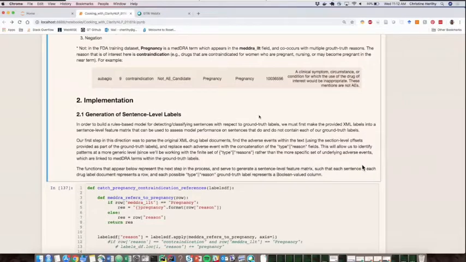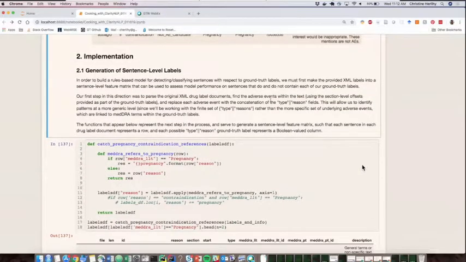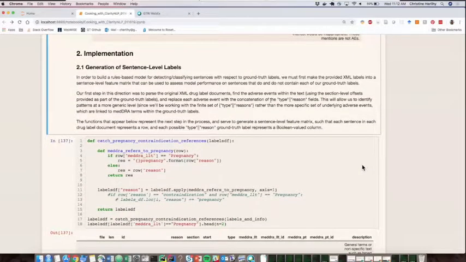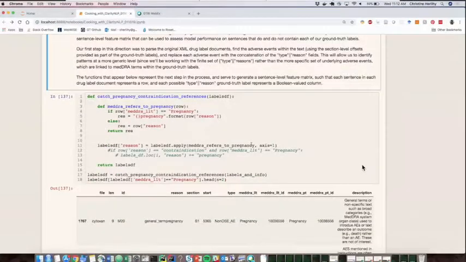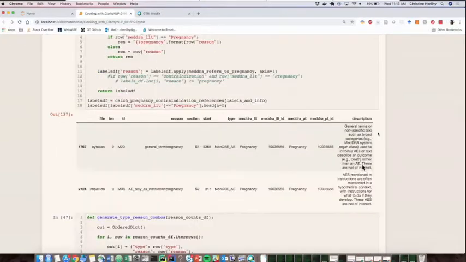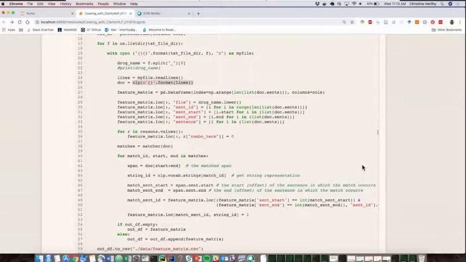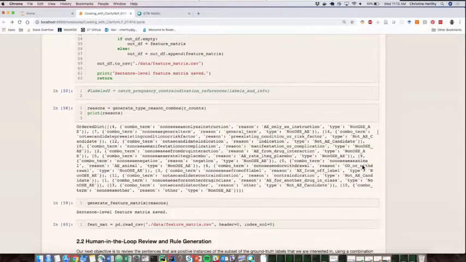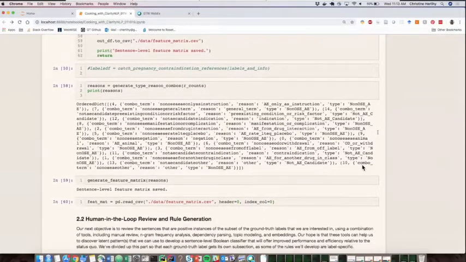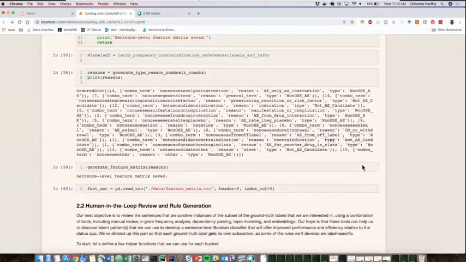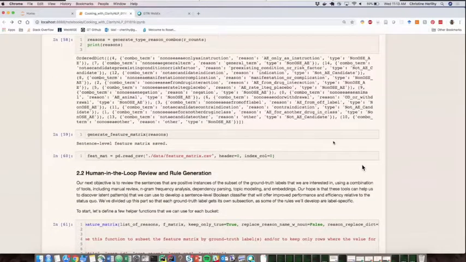As I mentioned earlier, one of the key tasks of this process was to generate sentence-level labels, including not only, of course, the matches, but the non-matches. So I have some functions here which take us from the data as we received it to a feature matrix where we get information that is useful and in Boolean format. I'm not going to go through those, but if anyone has questions, I would be happy to answer those offline or in one of the channels that I mentioned earlier.